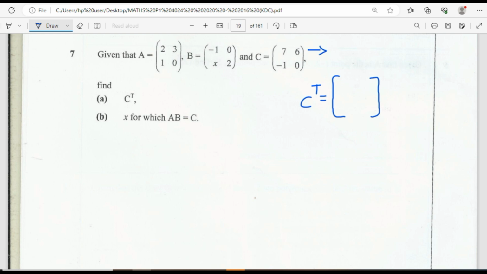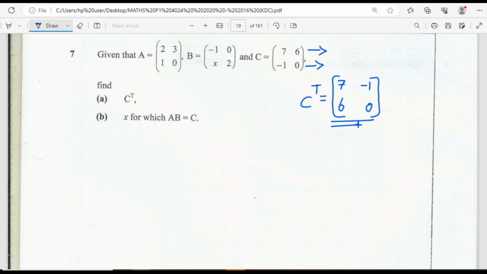The first row in C is 7, 6. So this becomes our first column, 7, 6. Then the second row, which is negative 1, 0, becomes our second column, negative 1, 0. So this is our transpose of that matrix.